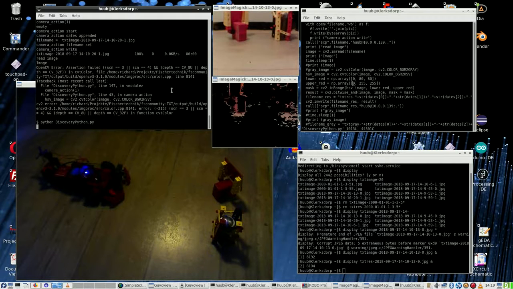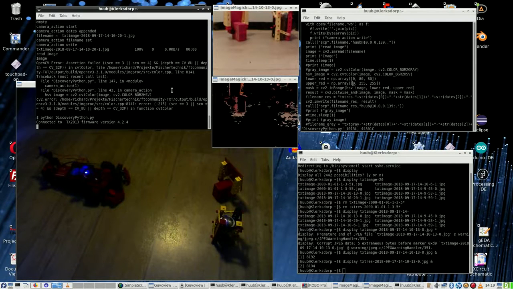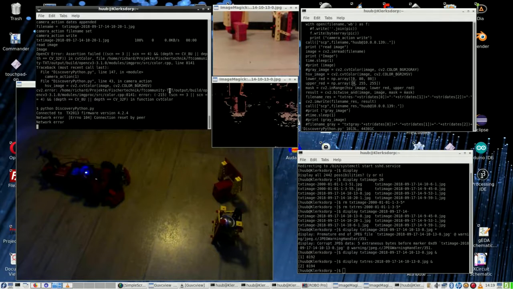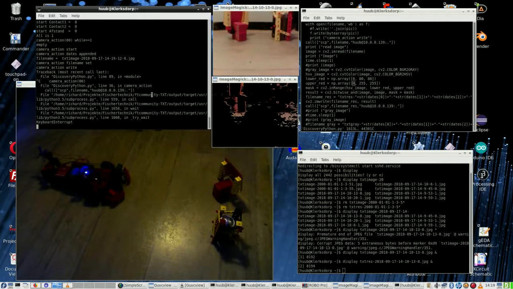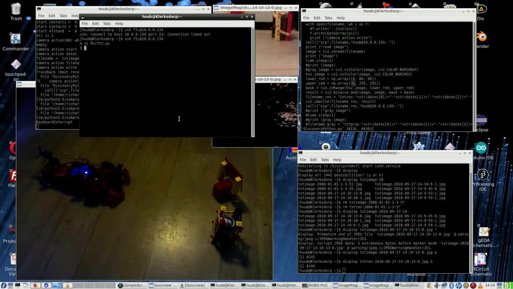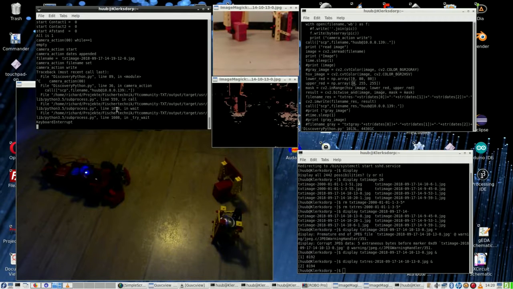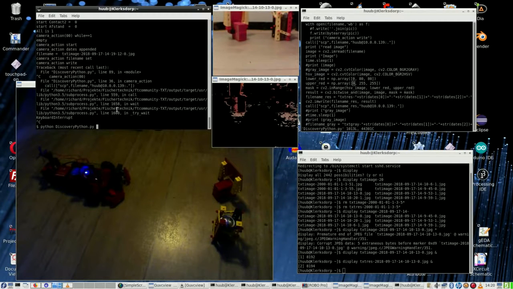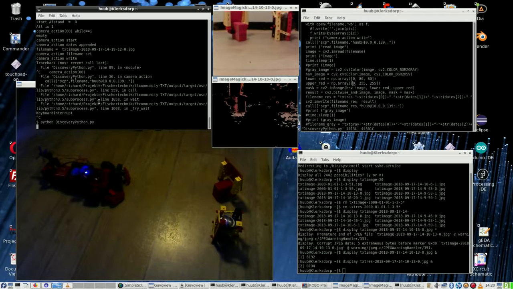Hopefully the battery isn't, oh wait, this one has the network error. Oh, so this was actually the walking robot, which usually doesn't have a network error. This one does. So that doesn't promise much.